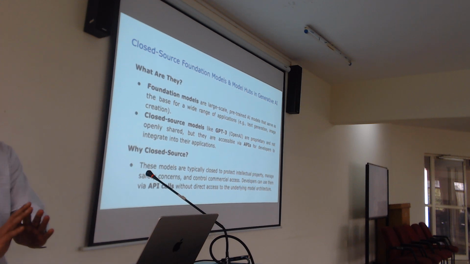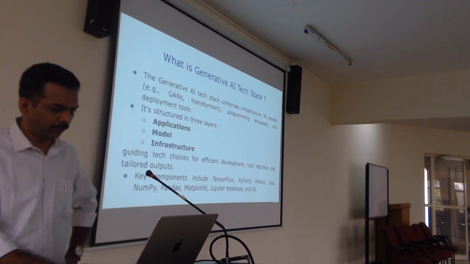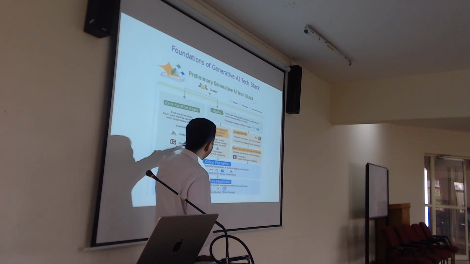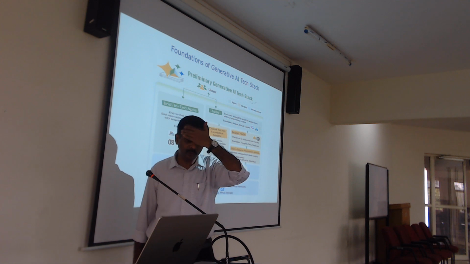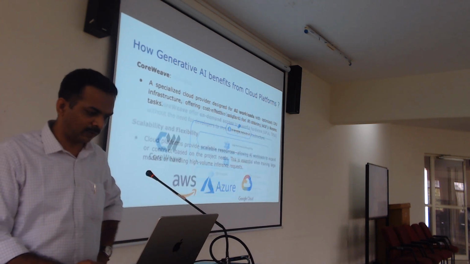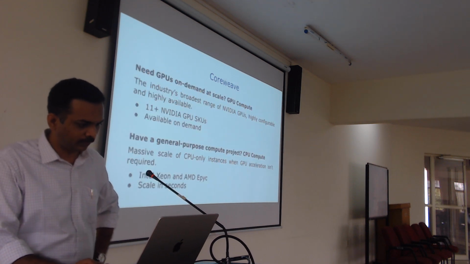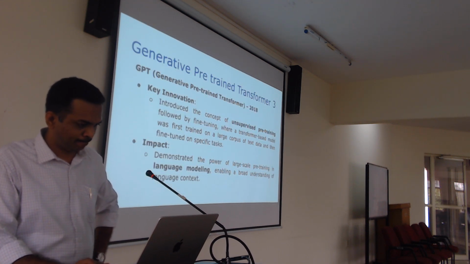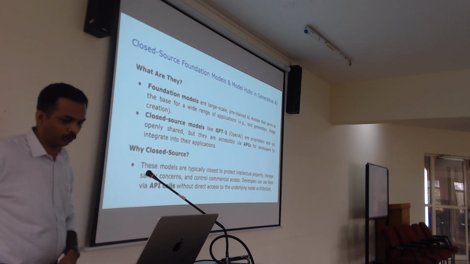So only API calls you will get, right? Where do we find closed source foundation models? We find them here, right? With a closed source foundation model, you get APIs, and use the APIs to build your models or your applications. So I just gave the example of these cloud solutions. Then, yeah, I was talking about this closed source foundation model.